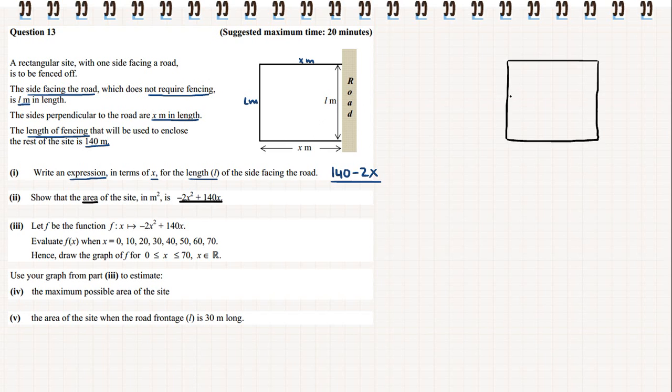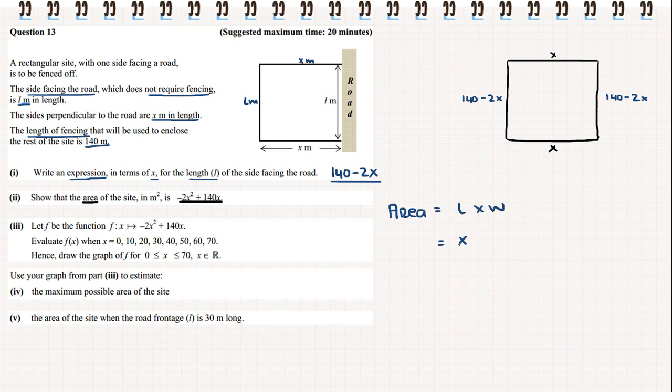So here we have L and we have X. We also have L in terms of X. So instead of using L, we're going to use 140 minus 2x. We're doing this because we notice that we need to write the area just in terms of x without L. The area of a rectangular shape is length multiplied by the width.